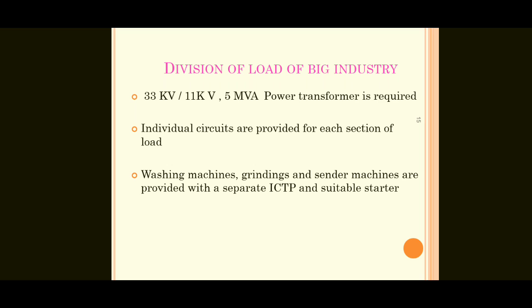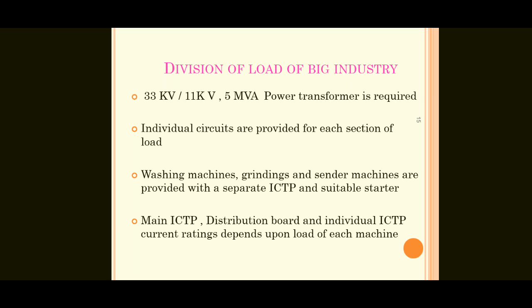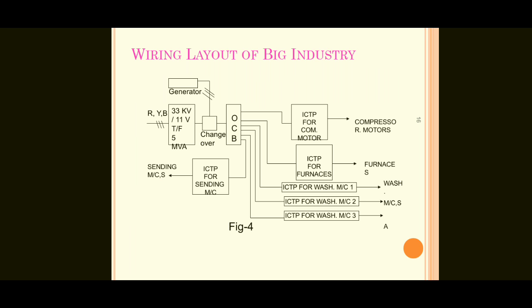Washing machines, grinders and sander machines are provided with a separate ICTP and suitable starter. The main ICTP, distribution board and individual ICTP current ratings depend upon the load of each machine.